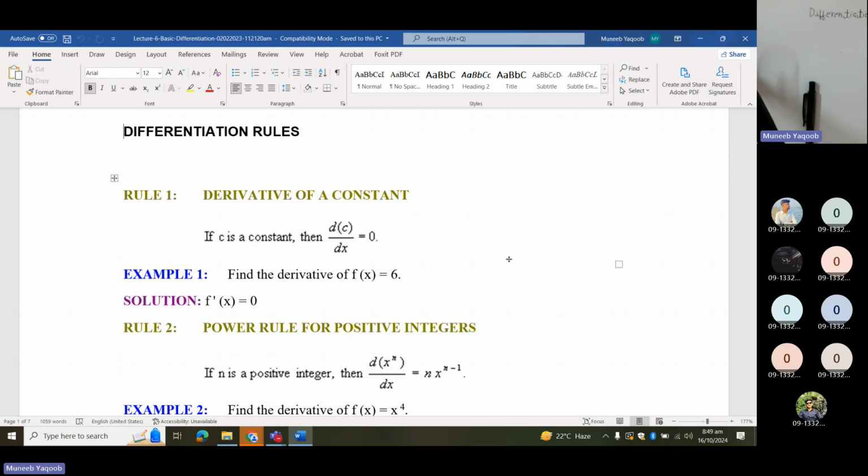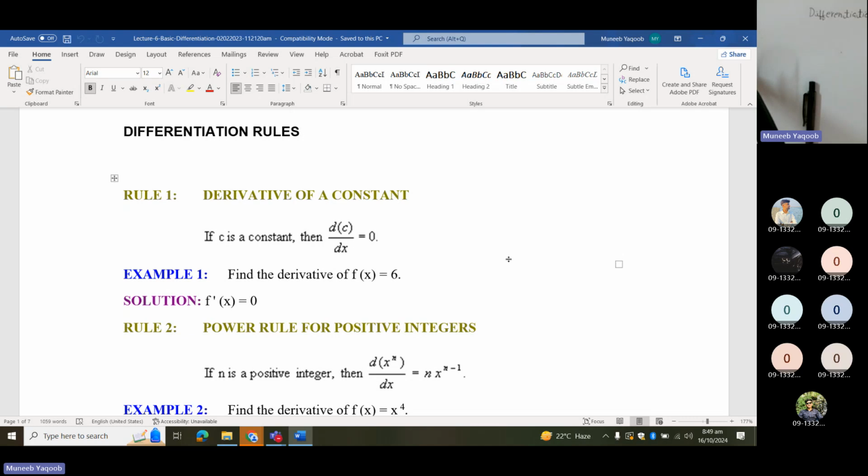Now, in example number 1, they are calculating the derivative of a constant function, f of x equals 6, y equals 6. So the derivative of a constant is 0. Therefore, we will say f prime of x is equal to 0. In the solution, you can see that they have written f prime of x equals 0.